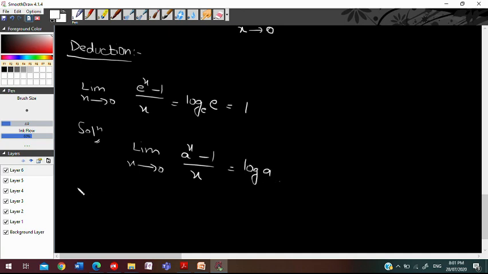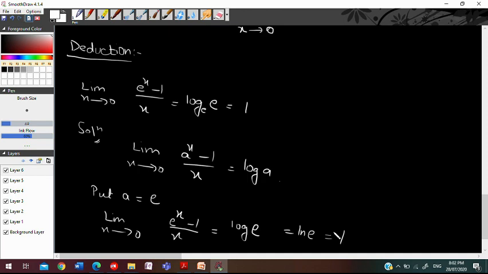So if we put a equal to e, what we get is limit x approaches to 0, (exponential of x minus 1) divided by x, and this is also equal to log of e, which is equal to 1. This was the statement, and by using the previous theorem, we simply use this supposition and solve the theorem.